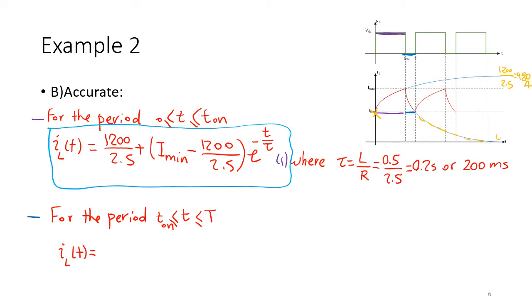So the final value is 0, plus the initial value, here is Imax, we don't know Imax and Imean, we want to find them, minus the final value 0, times e to the minus, but this time it is not started at 0, it starts at T on, so T minus T on over tau, the same tau. This is equation 2.